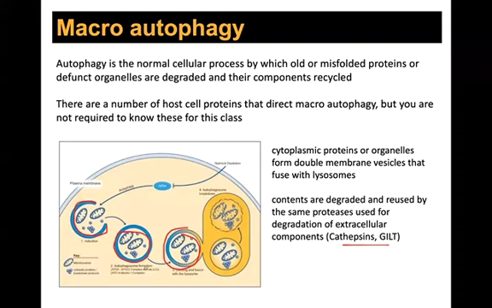But this is really not that efficient when you're talking about viruses or small particles. It's really sort of more designed for large organelles that are being engulfed by these autophagosomes.